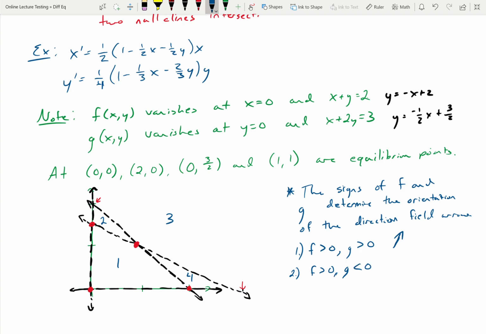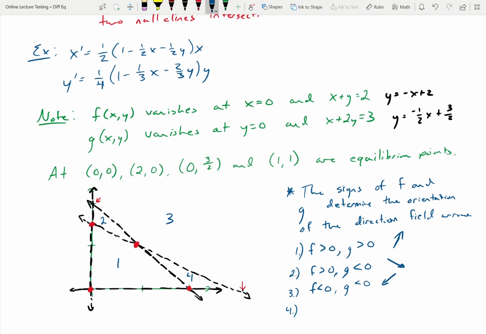That means these are going to be going down and to the right. Number 3, F is less than 0. So again, the numbers represent the quadrants that they're in. So in this quadrant here above (1, 1) and to the right, G is also less than 0. So these will have a positive slope, but they're going to be going down and to the left.